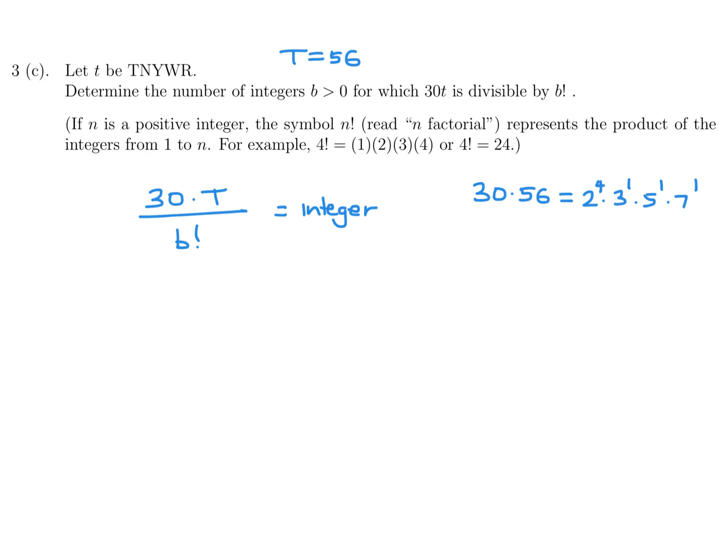So basically this is 2 to the power of 4 times 3 times 5 times 7, all divided by b factorial. And b factorial obviously has to include some of those primes in order for that to result in an integer.